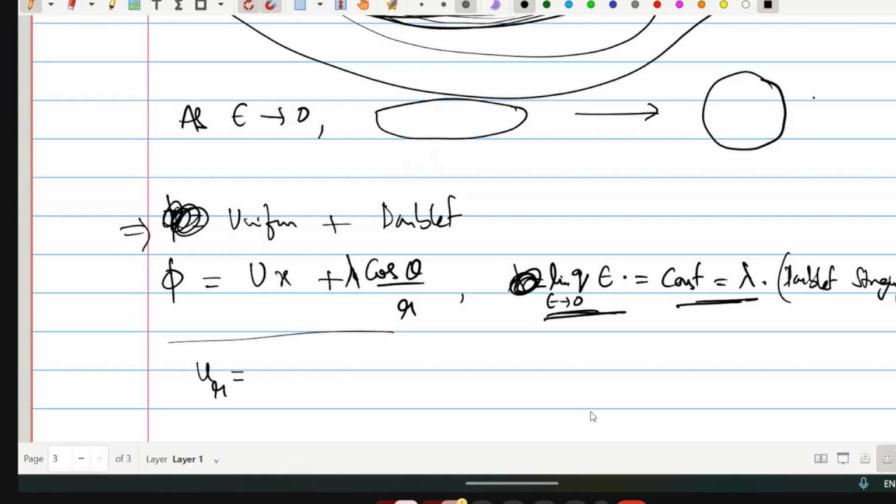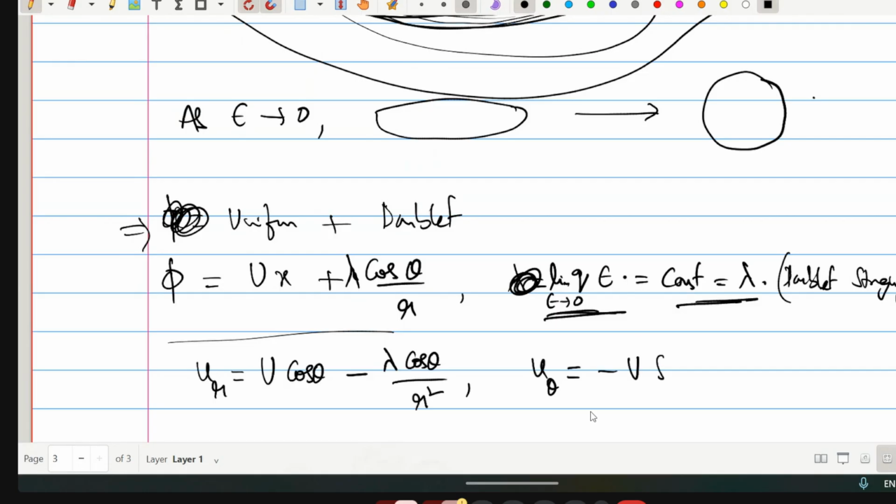So UR equals dou phi by dou r, which is U cos theta plus, what you get here, minus lambda cos theta times 1 by r. If you differentiate, you get minus 1 by r square. That's why the minus. So this is your UR, and U theta is 1 by r dou phi by dou theta.